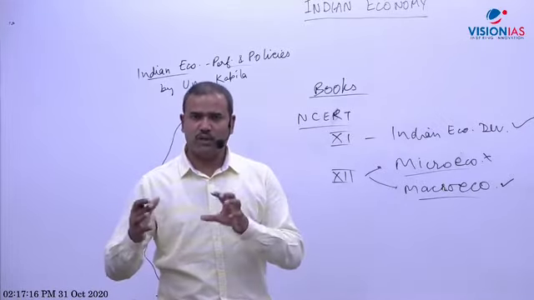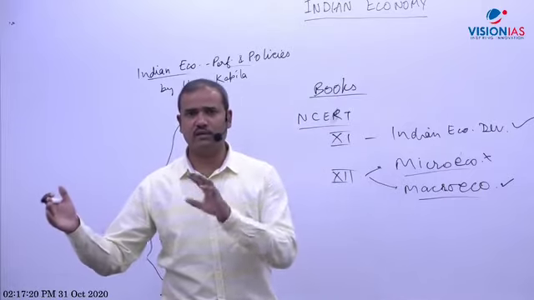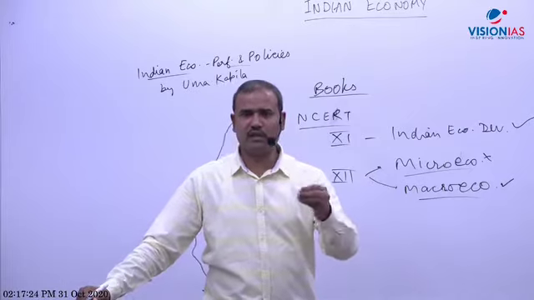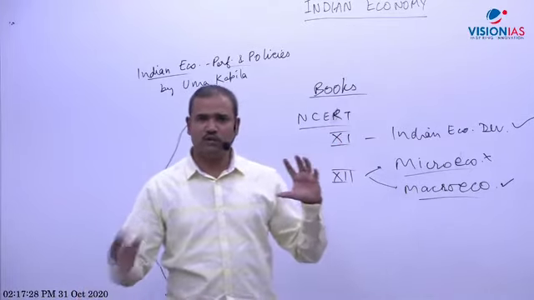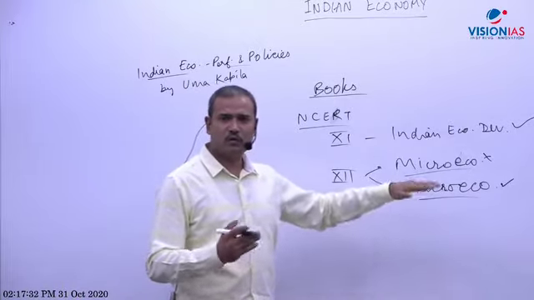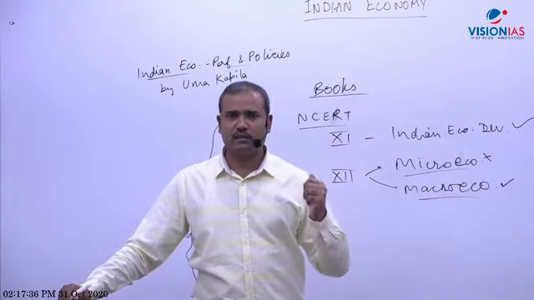Not only that, we will discuss center-state financial relations, cooperative federalism, fiscal federalism, finance commission's recommendations, special category status, and what issues are there right now. And taxes are also very important. They have not mentioned taxes like GST and various other direct tax reforms.